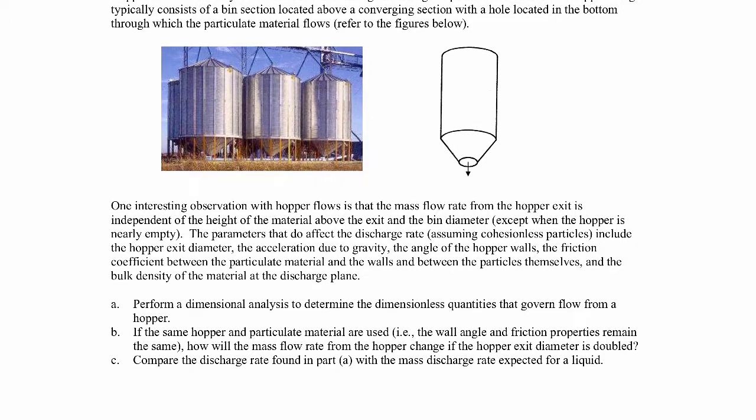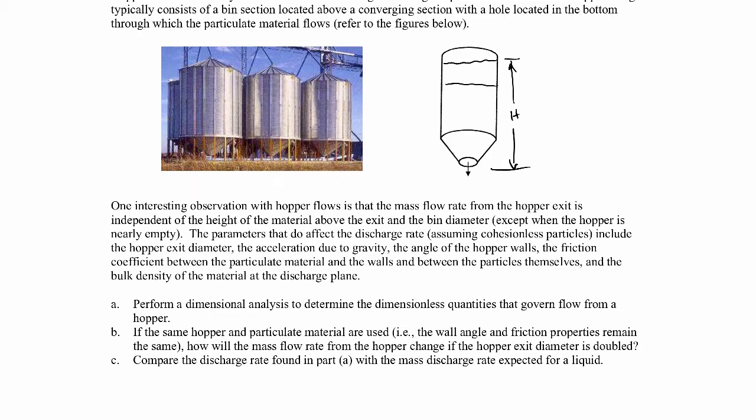One interesting thing about hopper flows, or flows of particulate material, is that the flow rate from the hopper exit is independent of the height of the material sitting above it. So whether the material was way up here, some tall height above the exit, or down here, the flow rate remains the same.